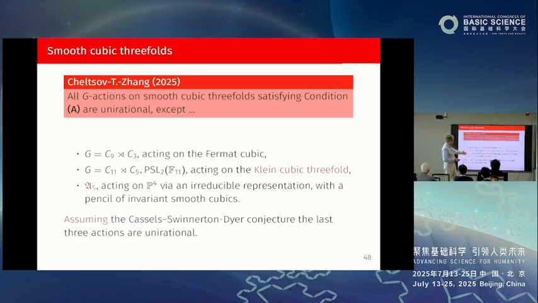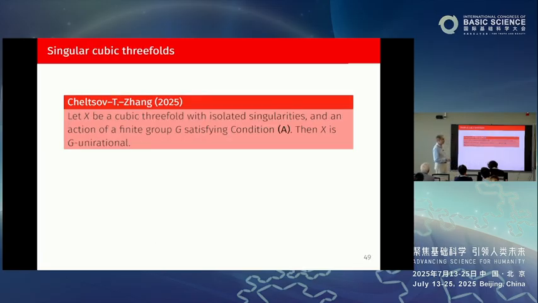Then you would have unirationality for these actions. Not for this one, because there is a 3 in there, but for these actions, you would have it. But we don't know of any geometric construction that will produce it for us. So that would be a nice thing to do.